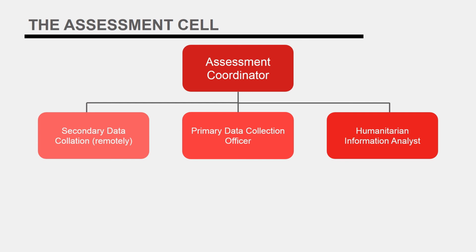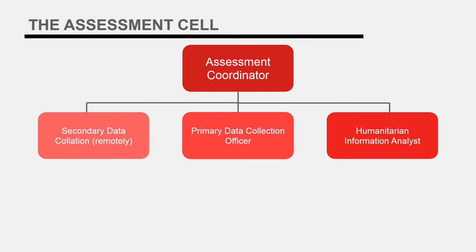Regardless of what adaptations to this structure you choose, it's imperative to include remote support in the assessment cell. With the amount of data that needs to be collected and processed, it will be too much for staff sitting in the field, and you should utilise the possibility of having team members located at HQ or another place with reliable, high-speed internet and sufficient server capacity who can take on a variety of tasks.